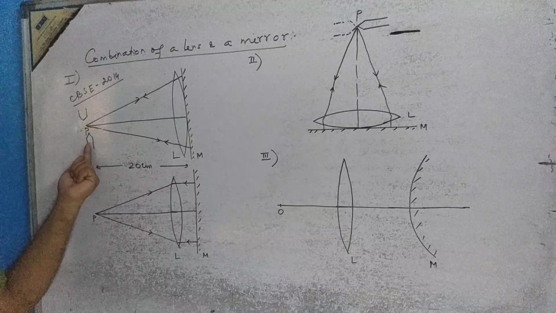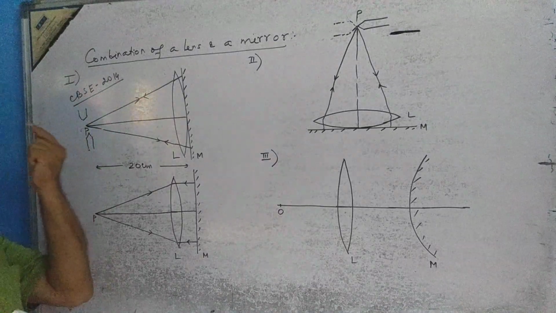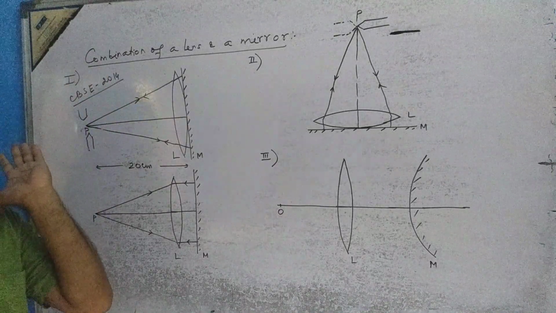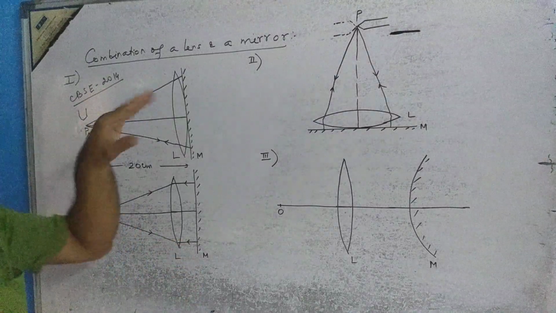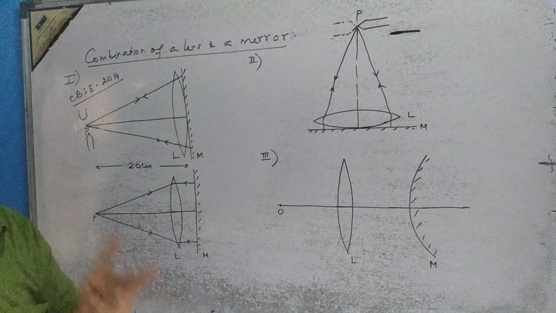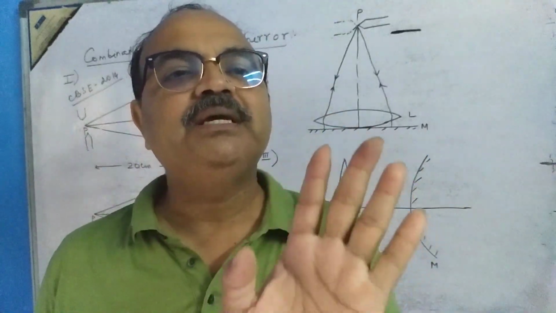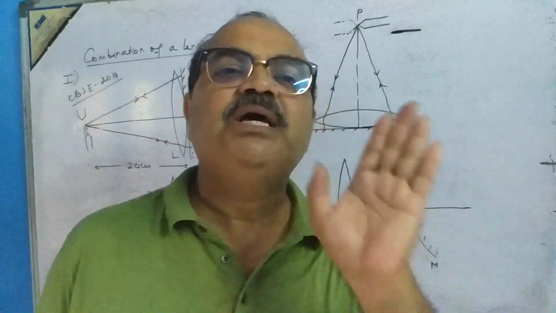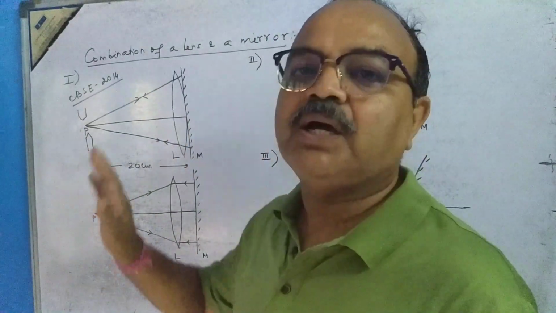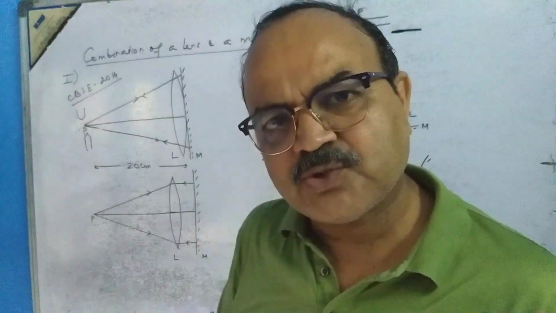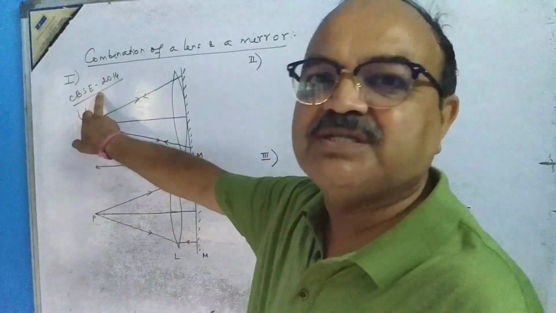Means this is the object and its image coinciding here. The question is to find the focal length of the convex lens. I hope you understood the question. It is the question of CBSE 2014.